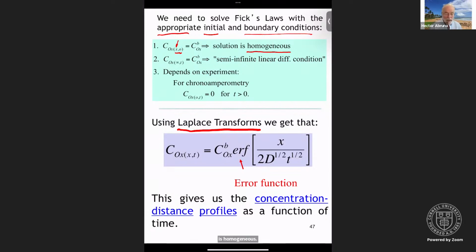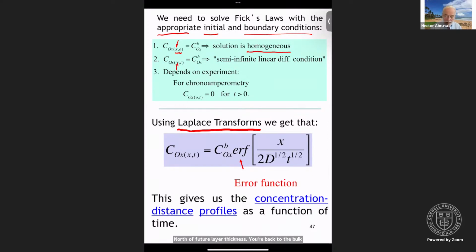Second condition, so we have C_Ox of infinity and t, meaning that at any time t, if you go far enough from the electrode surface, infinity in this context would be, I don't know, 100 microns, thereabouts, so you're beyond the nearest diffusion layer thickness, you're back to the bulk concentration of Ox.